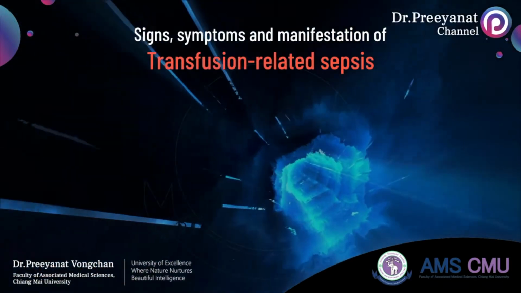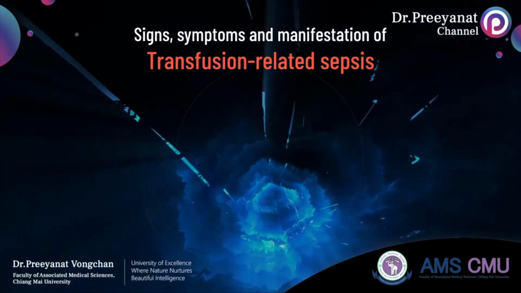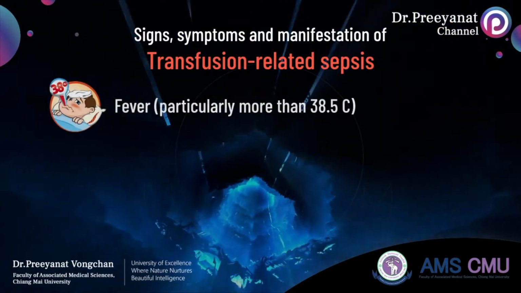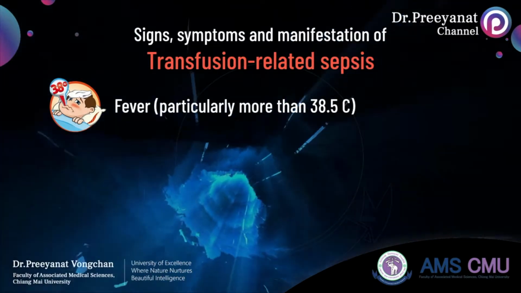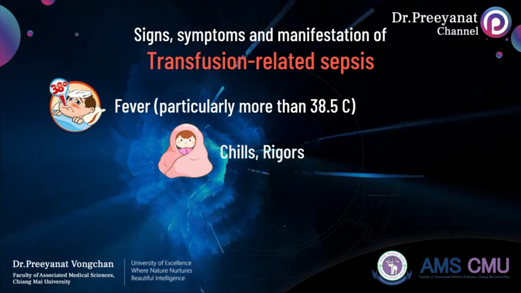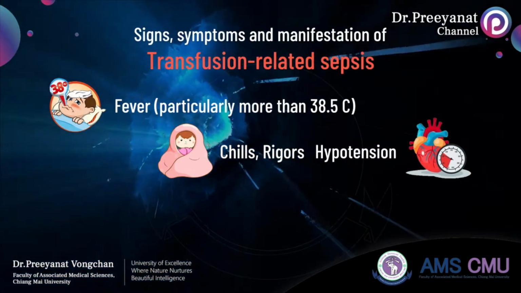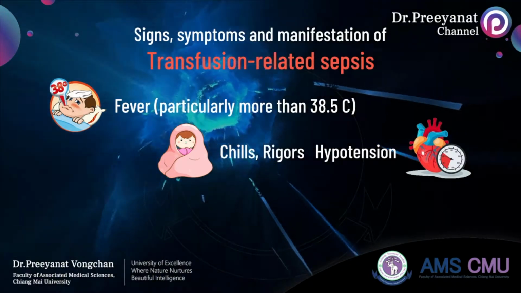Signs, symptoms, and manifestations of transfusion-related sepsis include fever, which is typically over 38.5 degrees Celsius, with chills, rigors, and hypotension during or shortly after transfusion.